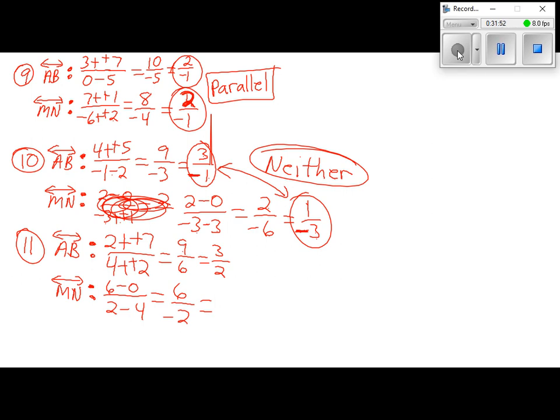So for MN, the y's are 6 minus 0, then the x's are 2 minus a negative 2. I just wrote down the wrong number. That's going to change to plus. 2 plus 2 is 4. 2 will go into 6 three times, 2 will go into 4 twice. We look at these two, they're the same, so that tells us that those two lines are parallel.